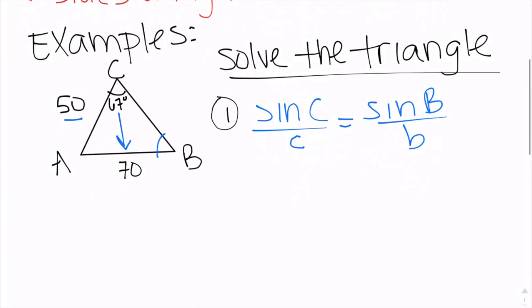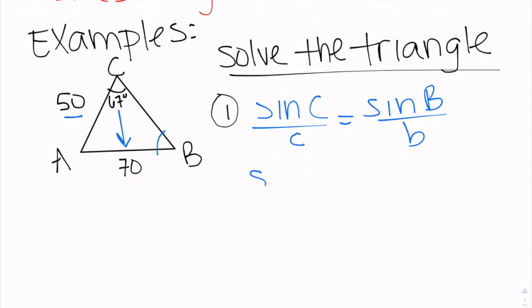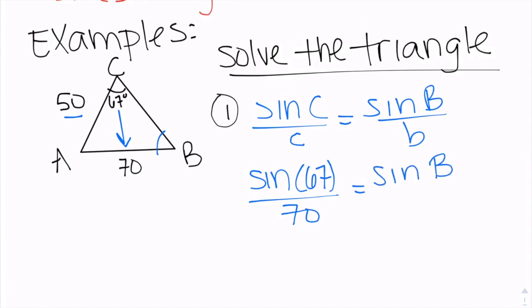So now we're going to substitute in all of our values. So we're going to say sine of 67 over 70 is equal to sine of angle B over 50.